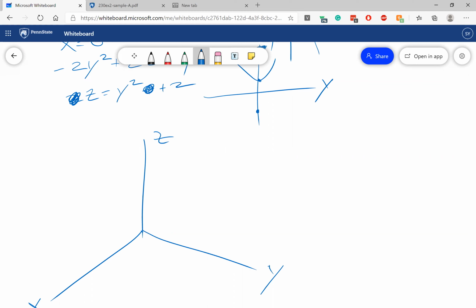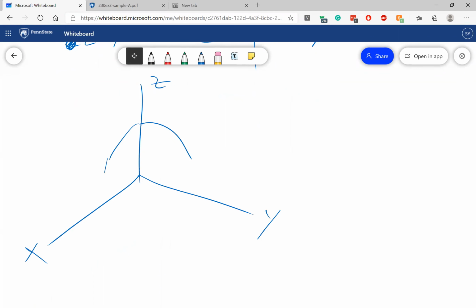So that would be something like... yeah, I'm not great at drawing saddles. I apologize, but it would look like a saddle. It's just a little tricky to draw. Okay, I don't know. Maybe think about it, something like this.